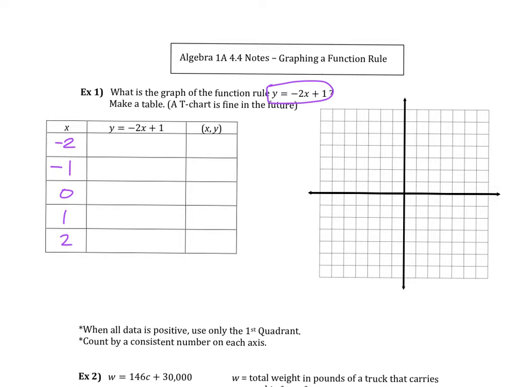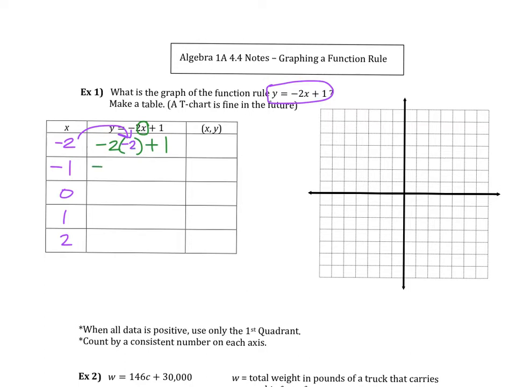So what happens is if I'm plugging in -2 for x, this is my x here, right? I would do -2 times whatever my x value is right there, plus 1. Well, on this first one, we're plugging in a -2. So it's -2 times -2 plus 1.